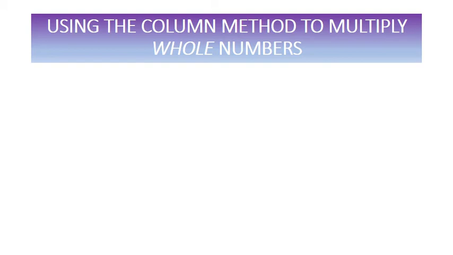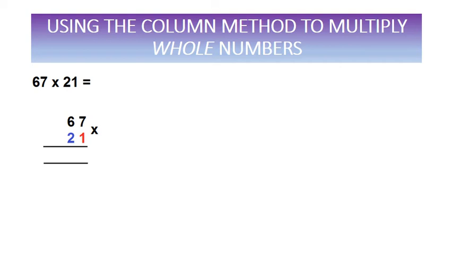Now let's look at how we use this method when we're multiplying a number by a 2-digit number. So here we've got 2 by 2 digits, 67 multiplied by 21. Again, we set them out in columns, making sure that the digits are in the correct columns according to their place value. We've got our lines for our answer and our multiplication symbol off to the right.